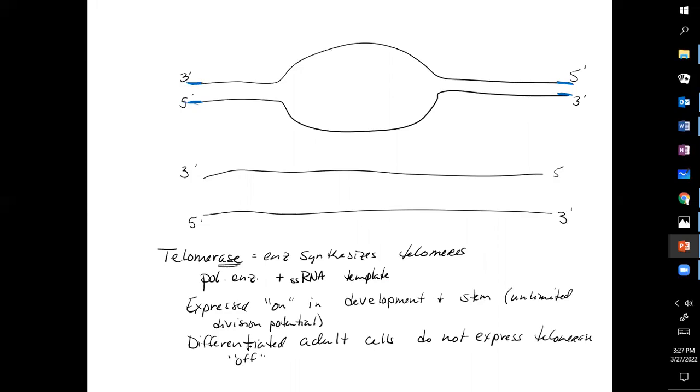When cells are fully differentiated, so now we're talking about a skin cell, a white blood cell, a liver cell, a heart cell, a neuronal cell, when a cell is fully differentiated to its final form, it quits expressing telomerase.